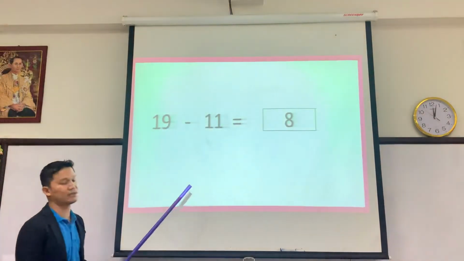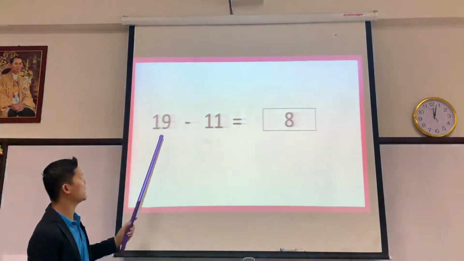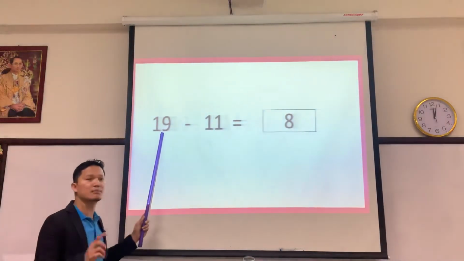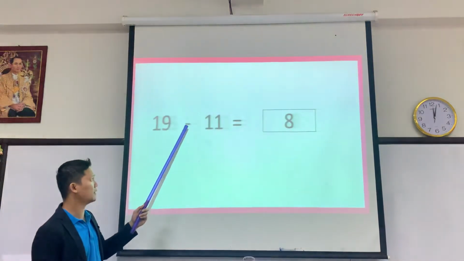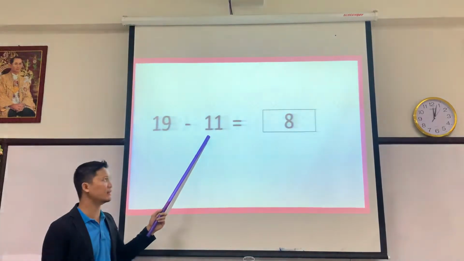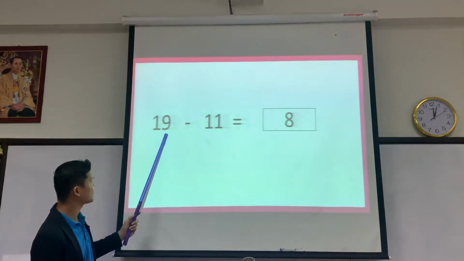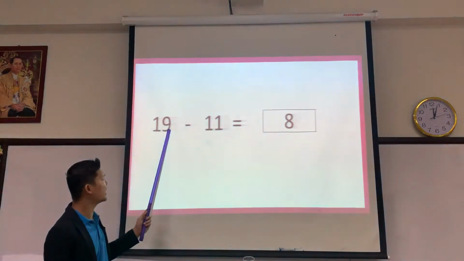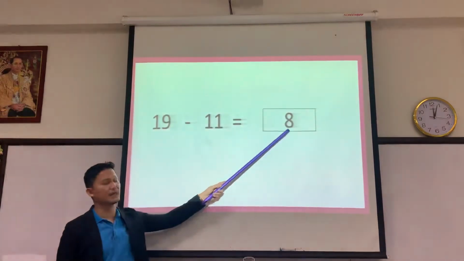Next one. Here there are 2 digit numbers. 19 is our minuend and then the minus symbol, then our subtrahend is 11. We subtract 9 minus 1, which is 8.